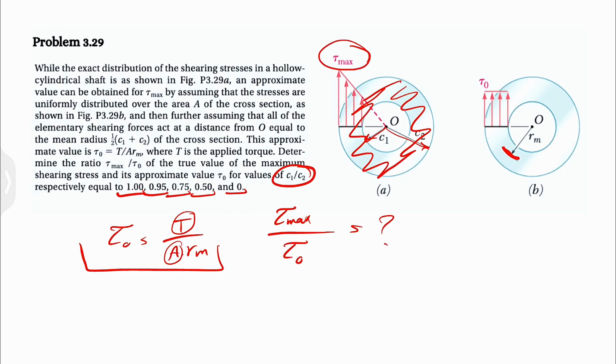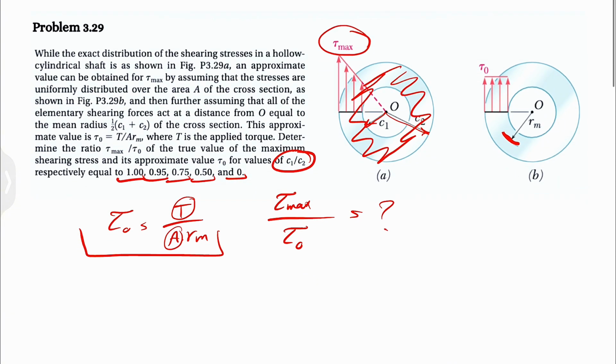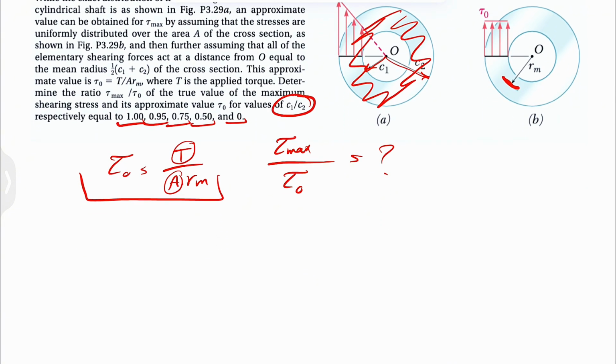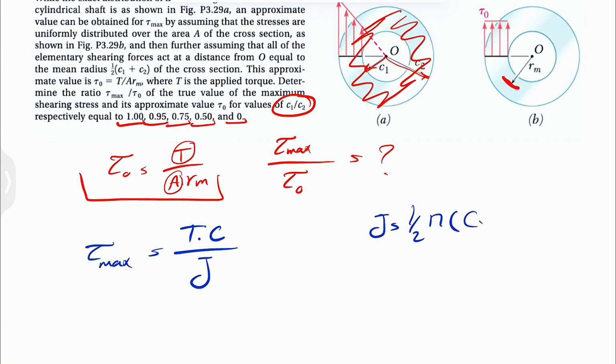So first off, we have a hollow shaft, and we talked about the elastic torsion formula in this chapter over and over. So we have maximum shearing stress equal to T C over J. Since we are talking about a hollow shaft, J is one half of pi times the outer radius to the 4 minus the inner radius to the 4.